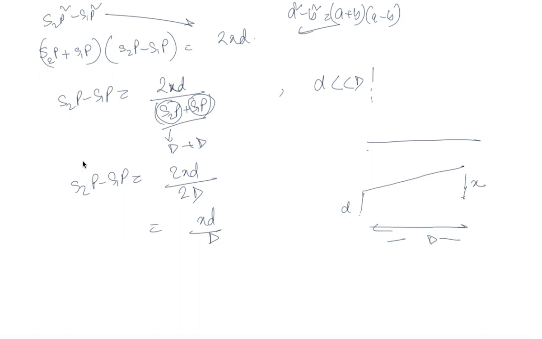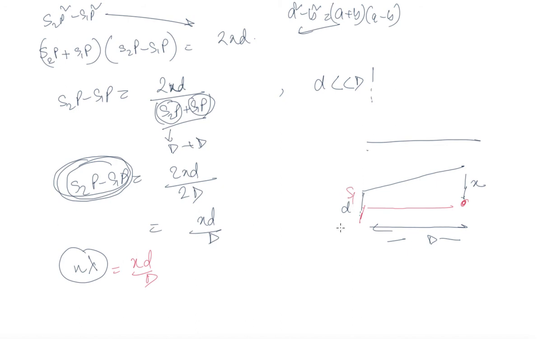So now, if the difference in the path is a multiple of say n lambda, we had already discussed, then we will have constructive interference. So this particular equation becomes xd upon D. So at what position of x from the center will we get the bright fringe and the dark fringe?